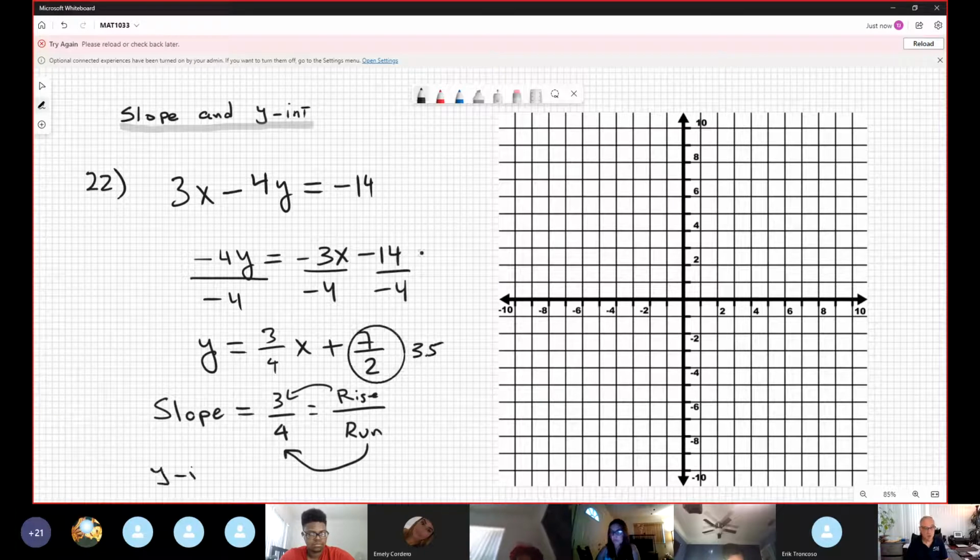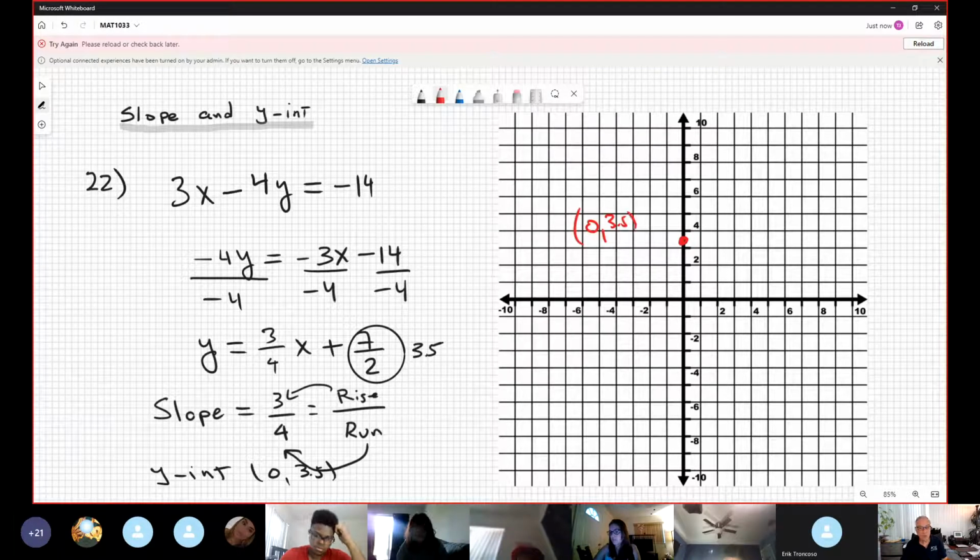My y-intercept is the point 0, 3.5. It's always 0, b, because it's on the y-axis. Let me use a red color. From the point 0, 3.5, I'm going 3 units up.